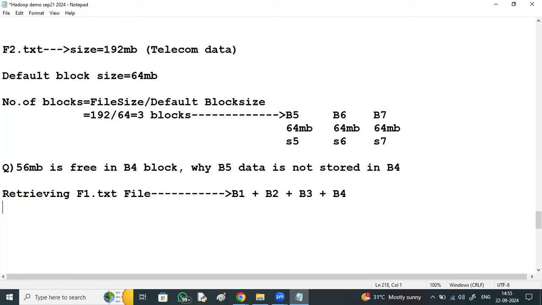That's fine. But assume B5 data is stored in B4.